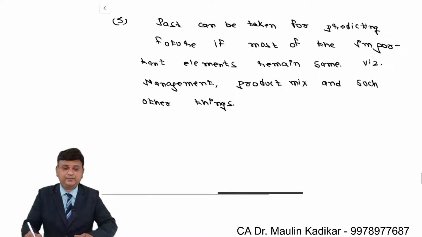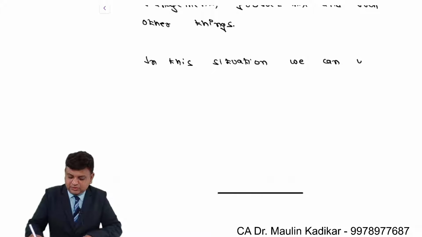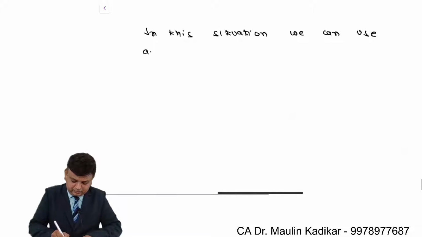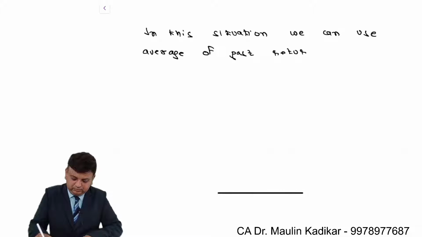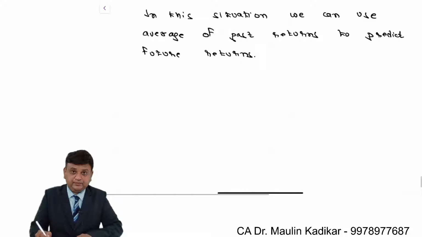Full stop. With paragraph, write down: in this situation, we can use average of past returns to predict future returns. Full stop.